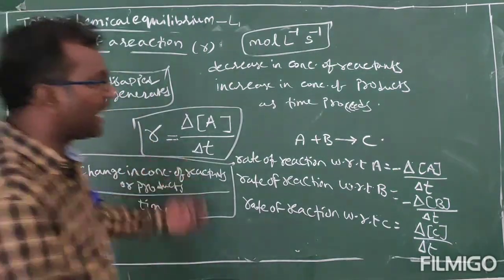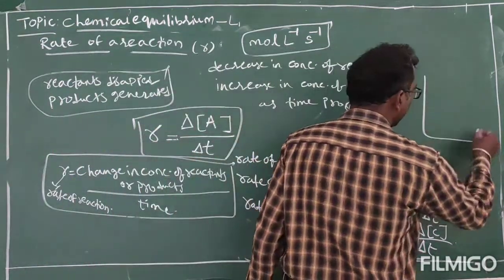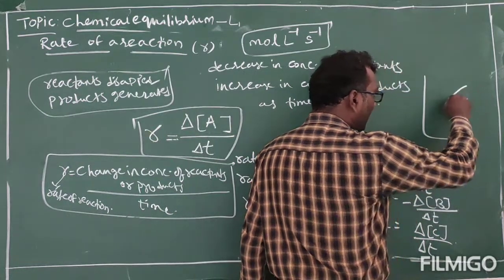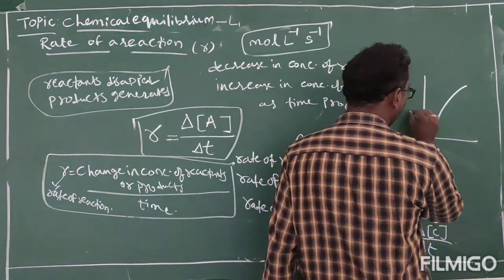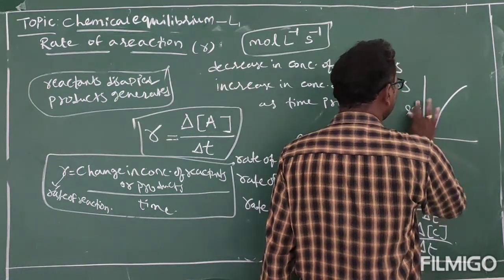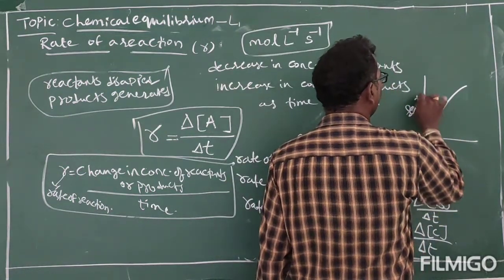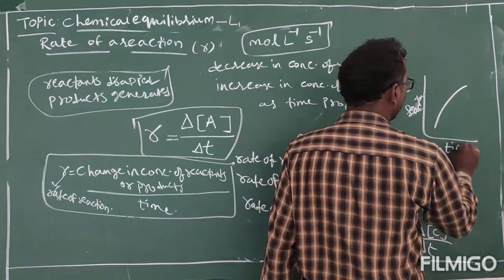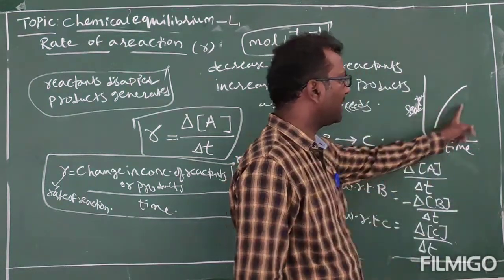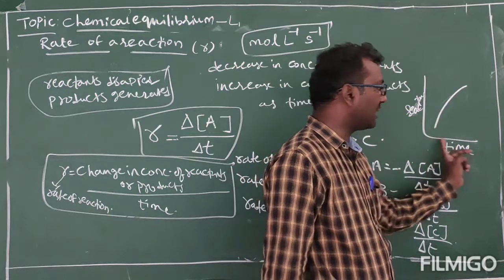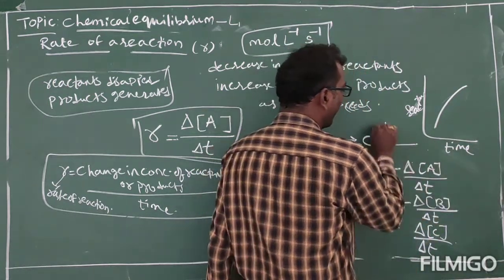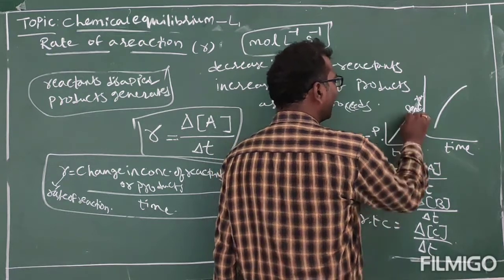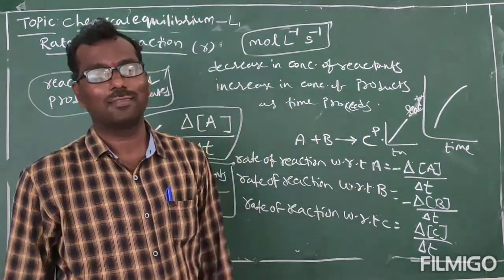So what does the graph mean? What happens? It decreases. With respect to reactants and time, the rate of reaction decreases as the time proceeds, and with respect to products and time, it increases as the time proceeds.